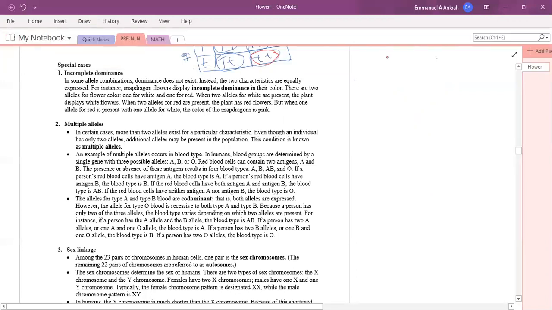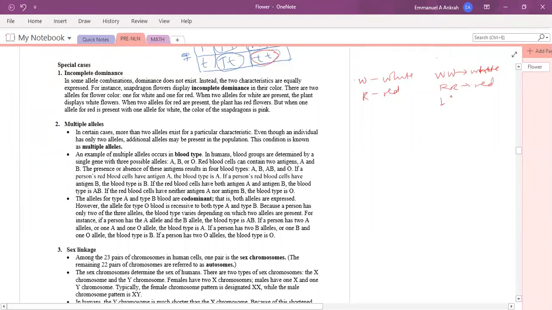Incomplete dominance. Okay. So basically, what we're saying is, let's say that you have the gene for white. Let's say W for white, and then R for red. Okay. So if the plant has WW, then it will be white. If it has RR, homozygous, then it will be red.